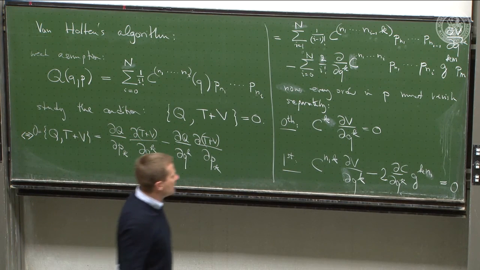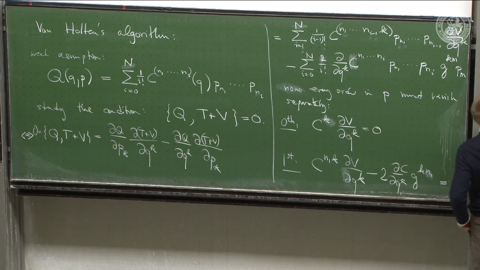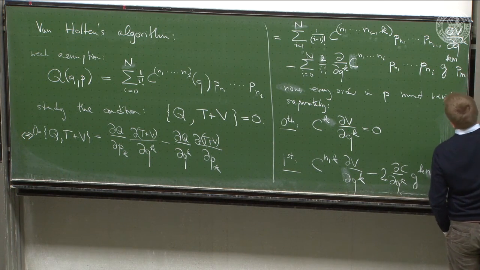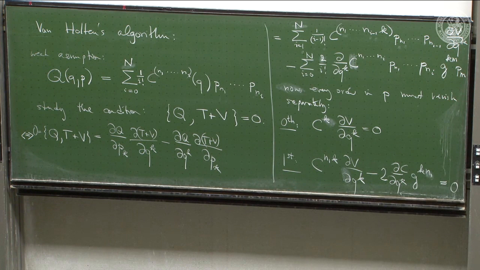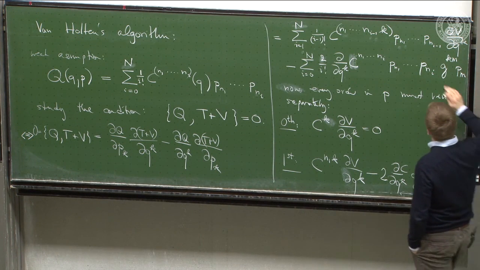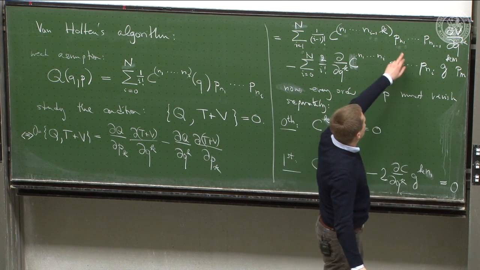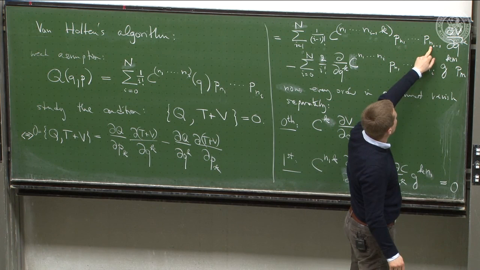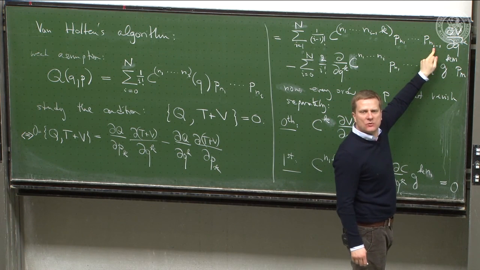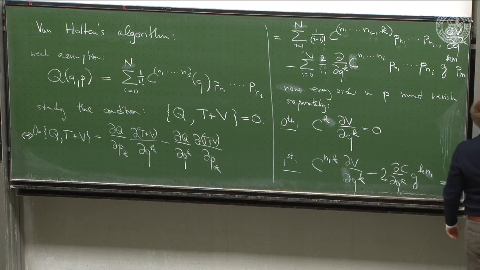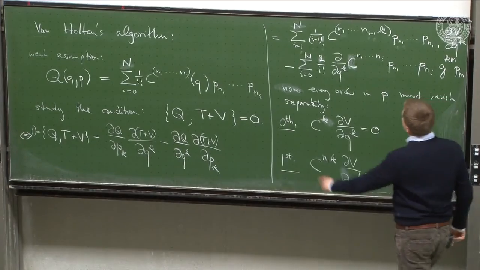So let's write down, in general, the nth order. Let's try to be careful. That means we want to pick up the terms where we have n P's. Well, we have capital N P's if the I is n plus 1 in this first term. So I is n plus 1, so we have 1 over n factorial.